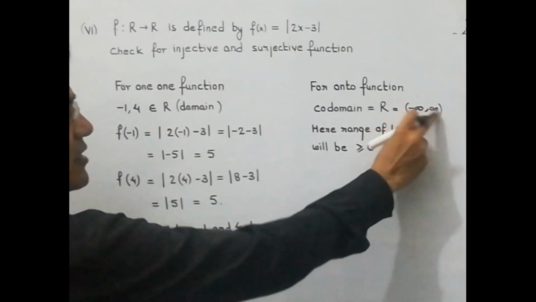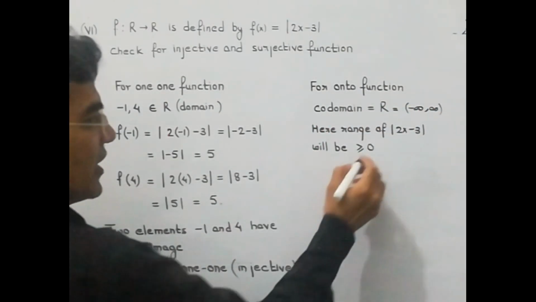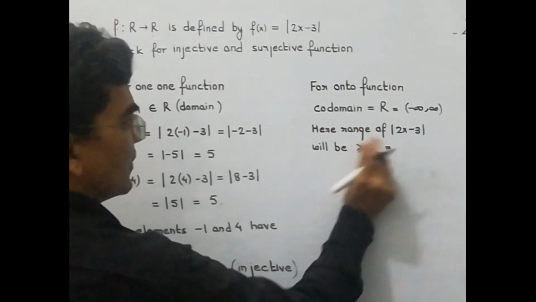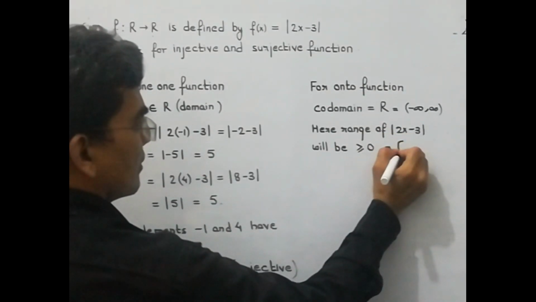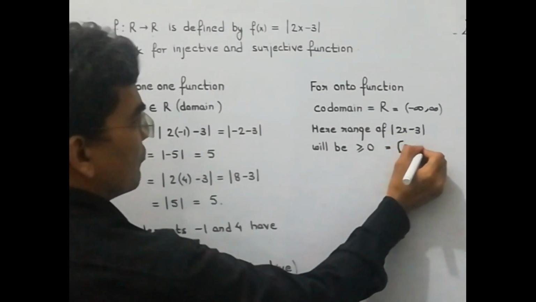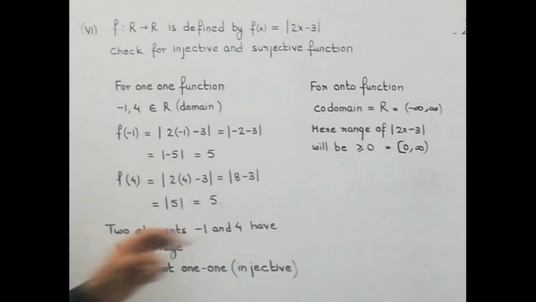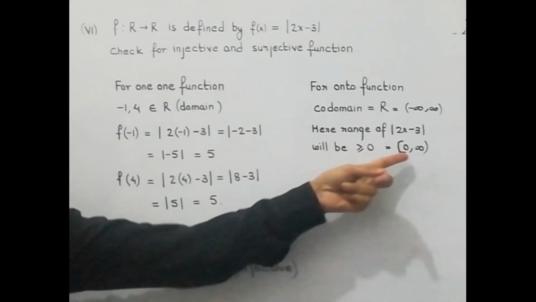Codomain is from -infinity to +infinity, whereas range of the function is from 0 to infinity. It is either 0 or greater than 0.